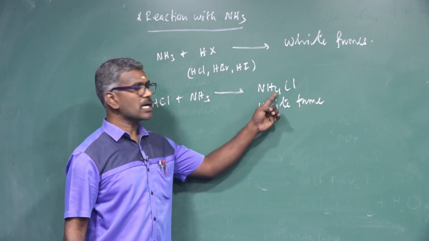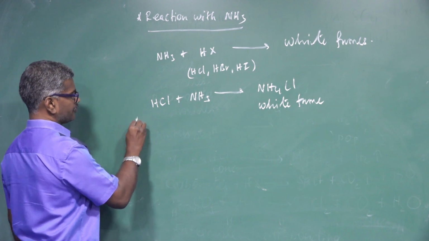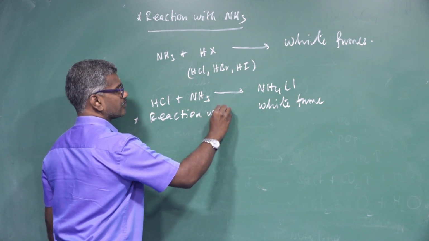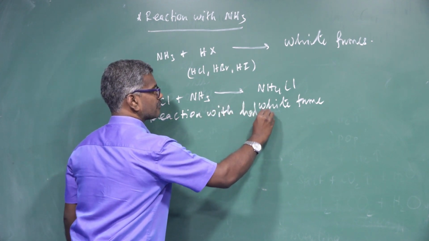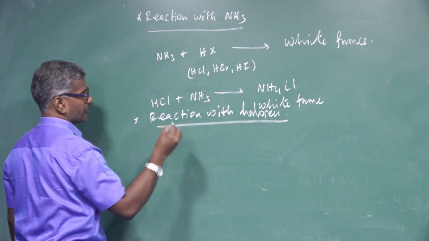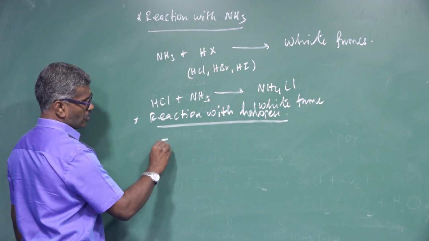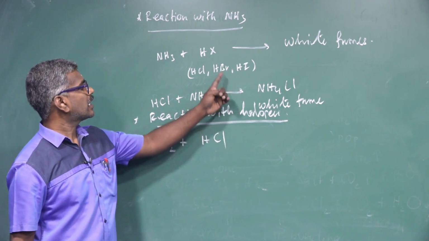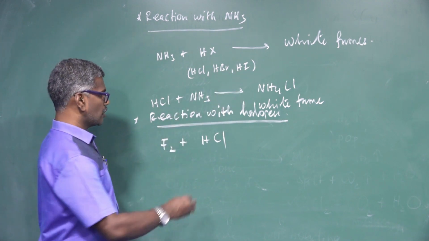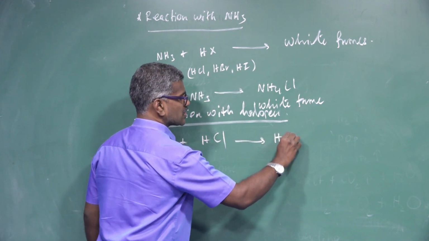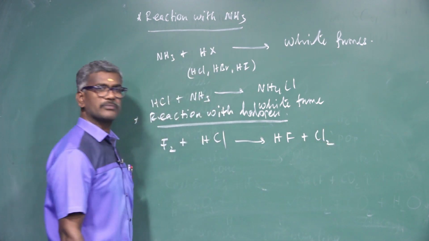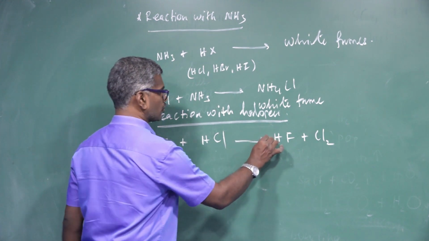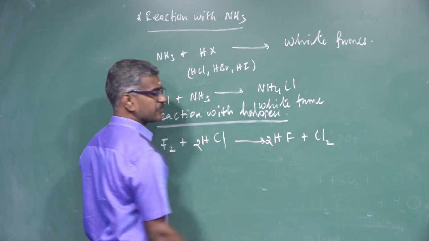Next, reaction with halogen. For example, fluorine reacts with HCl, HBr or HI to form HF and liberate chlorine. 2 fluorine, 2 hydrogen, 2 chlorine.